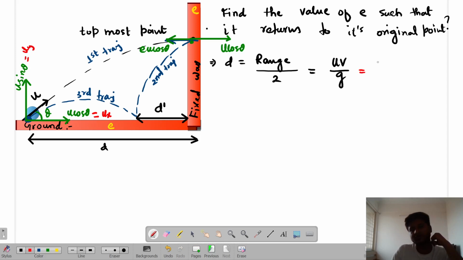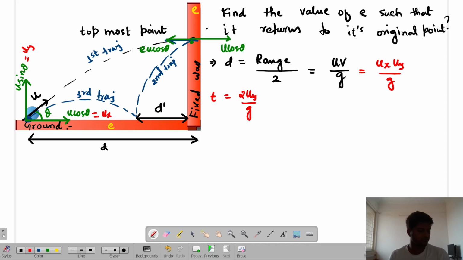So this becomes ux into uy by g. That's my formula of range. Is this clear? And the time of flight is nothing but twice of uy by g, isn't it?